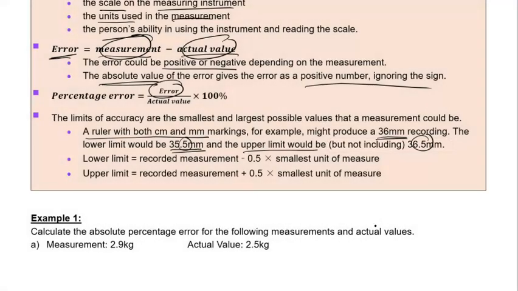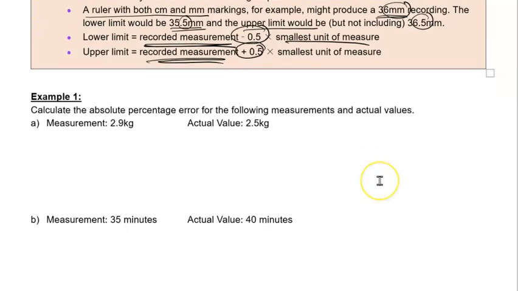So the lower limit is the recorded measurement minus 1/2 of the smallest unit. In this case, our smallest unit was millimeters. So we took half of that and subtracted it to get the lower limit, and added it to get the upper limit. Let's look at some examples here.